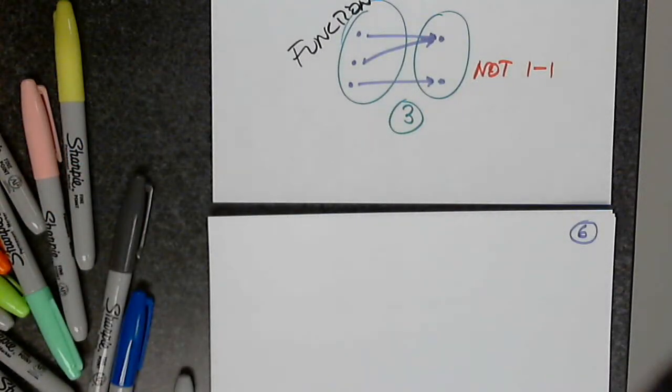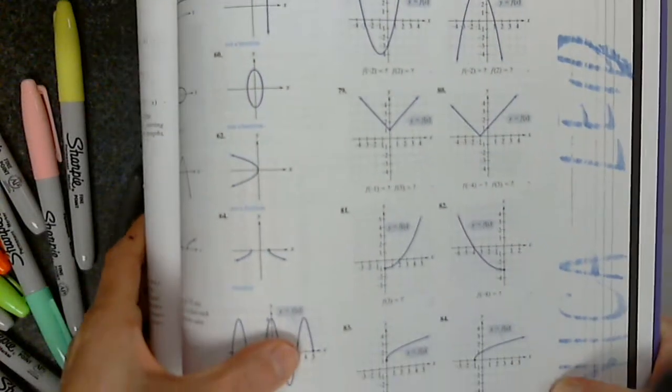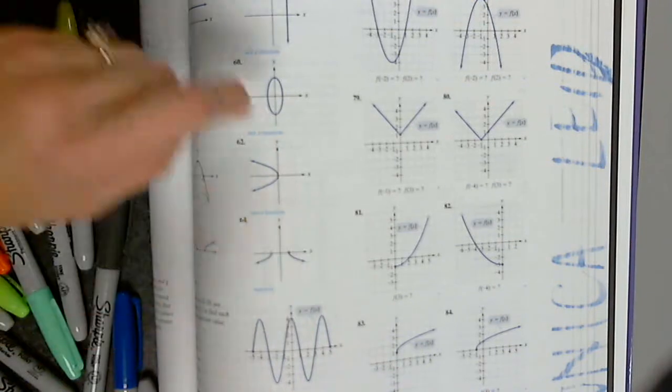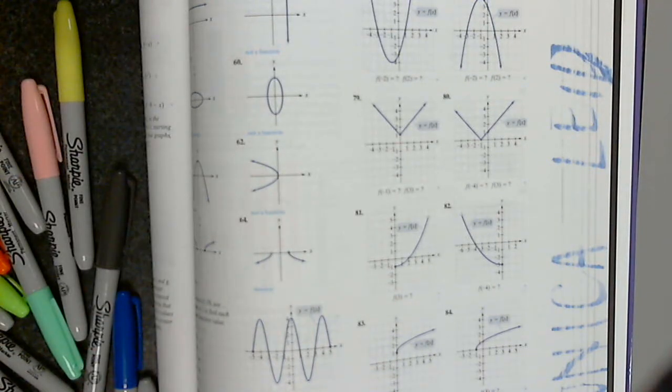I would like to choose a graph of a function and read its domain, range, and potentially a value. So on page 231, I would like to look at problem 81.